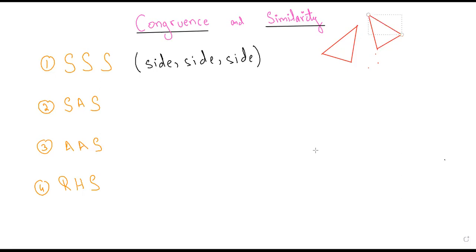This side is the same as this side, then this one is the same as this one, and then this side is the same as this side. Obviously I have made these two triangles in a different way. I did not make them in the same orientation. That is why you might think they are not the same, but they are exactly the same.